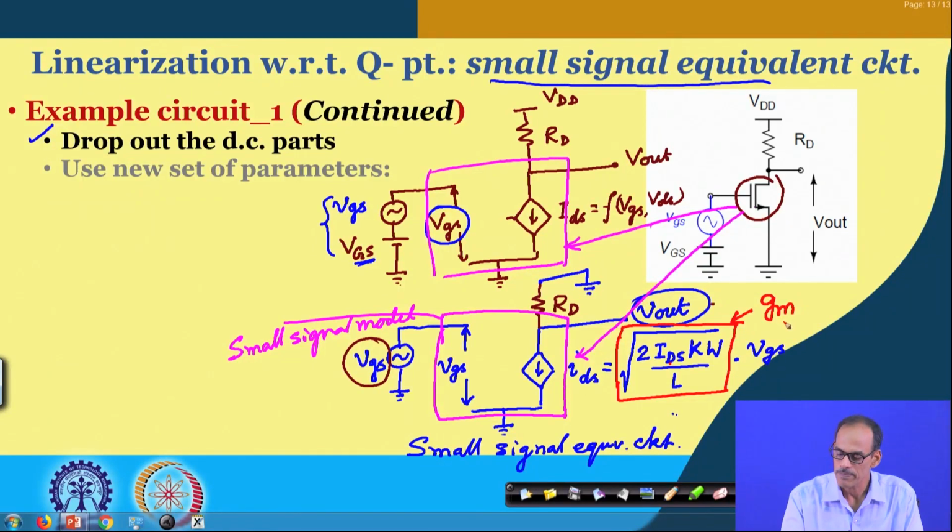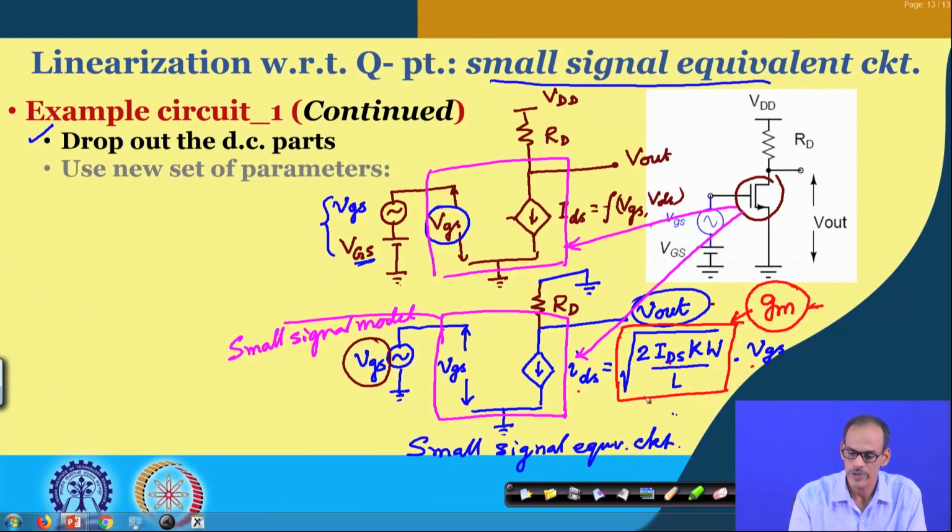It correlates the VGS to IDS. So, it is a conductance, that is why G, and M stands for mutual, from the input port to the output. That is why this parameter is referred to as the transconductance of the device, particularly for the small signal. And this is one of the important parameters.